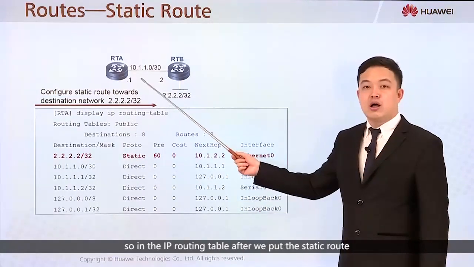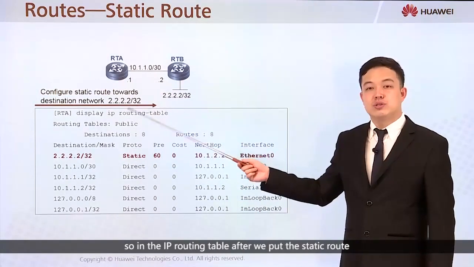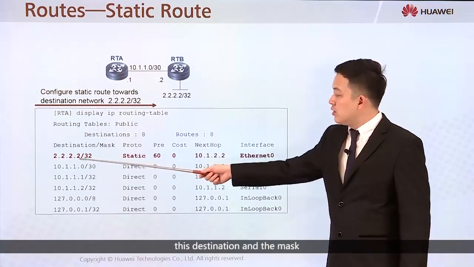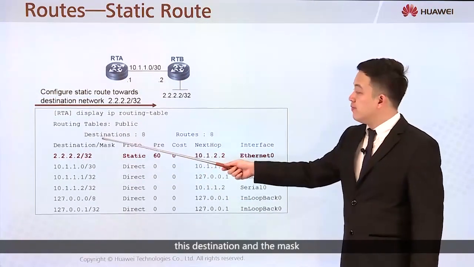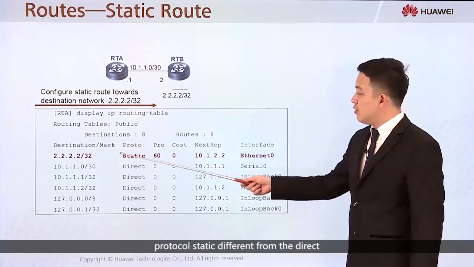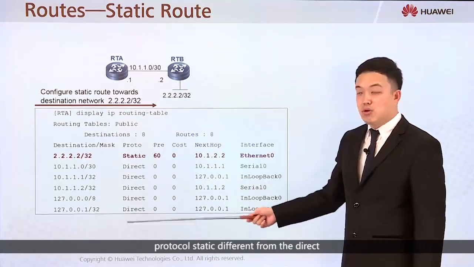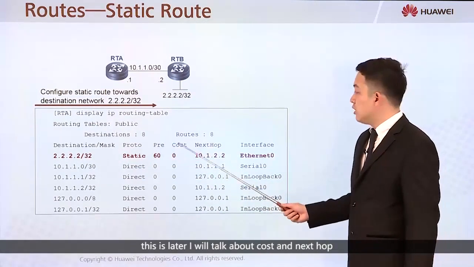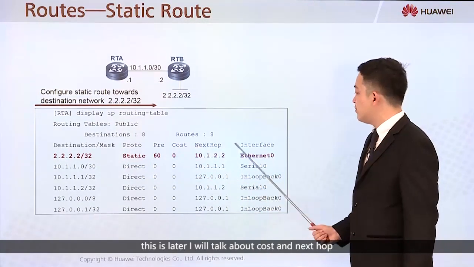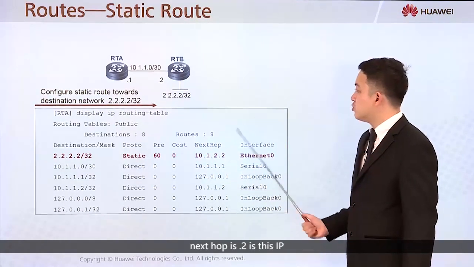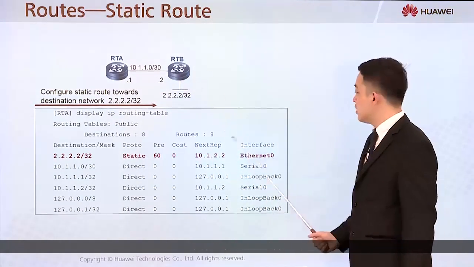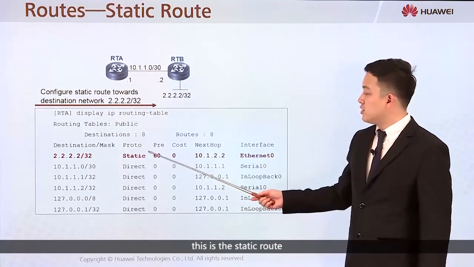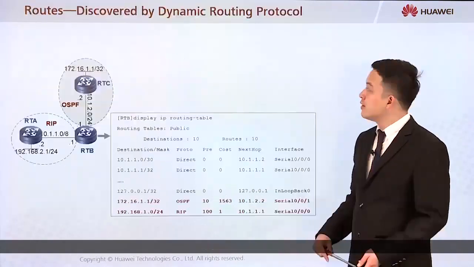So in the IP routing table, after we input the static route, RTA has this information: the destination and the mask, the protocol is static, different from direct, the cost, which I will talk about later, and the next hop, this .2 is this IP. The interface is Ethernet 0. This is a static route.